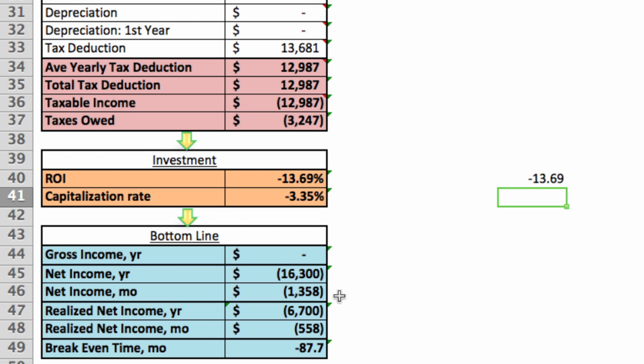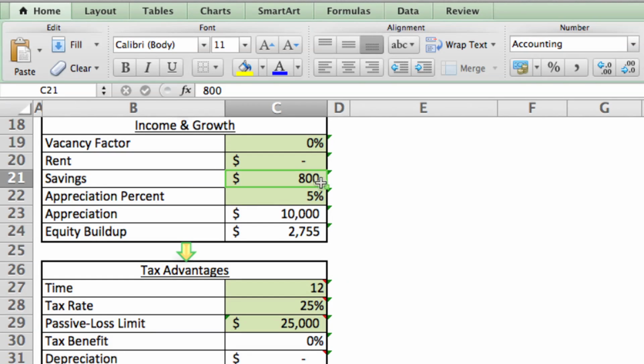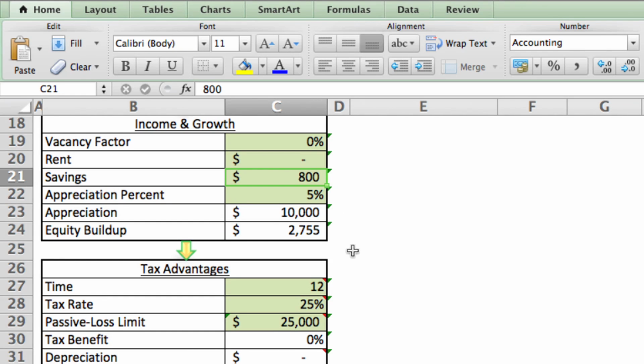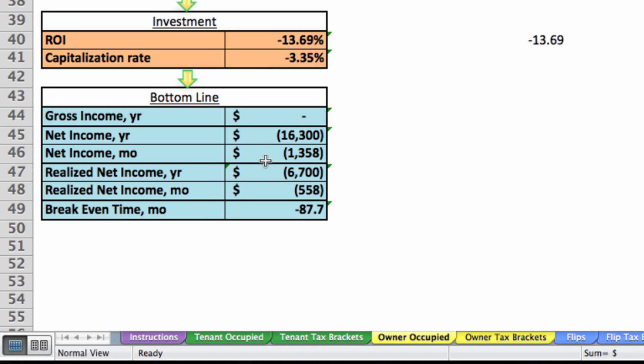But if you incorporate that savings amount up here that I mentioned before, because we're no longer forking up money in rental, because that was for our prior living condition, was $800 being forked out every month. Now, if you accommodate for that amount of money that was lost in rental income, in here, that actually was what will define the realized net income, which is $558 every month. Now, of course, that's negative.